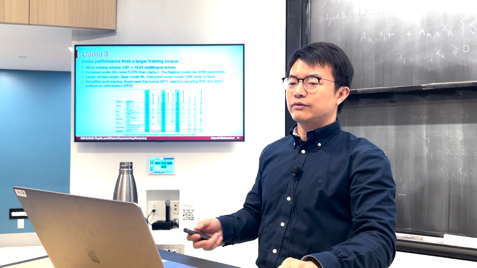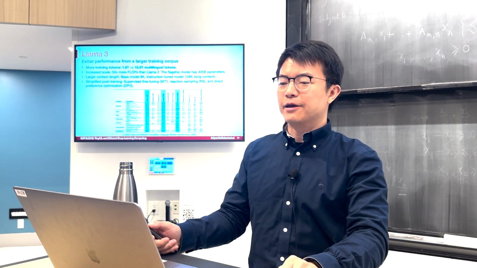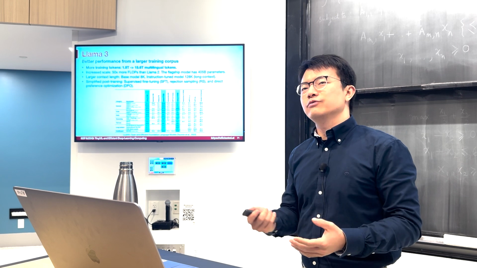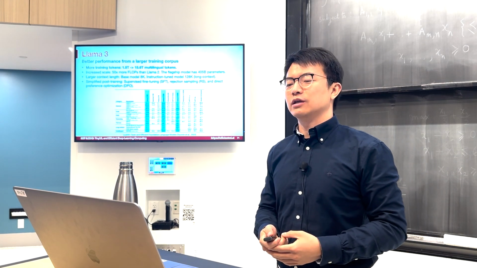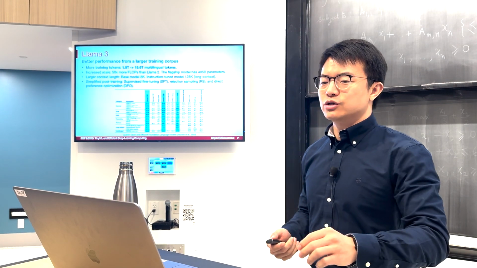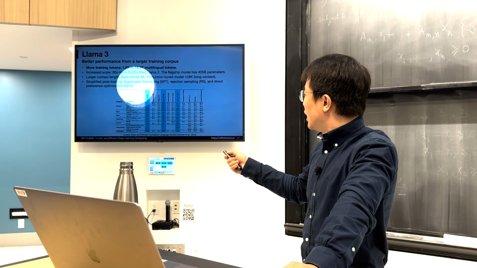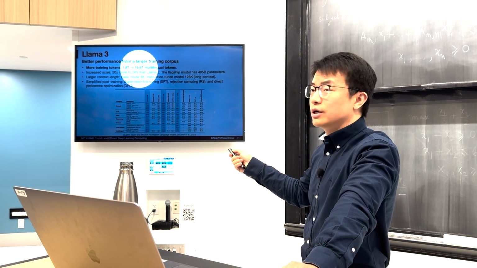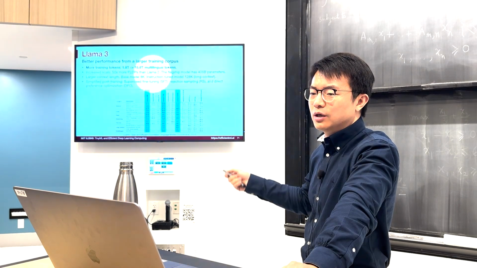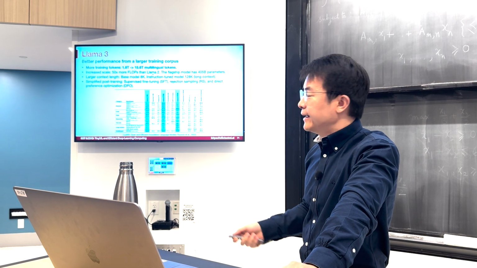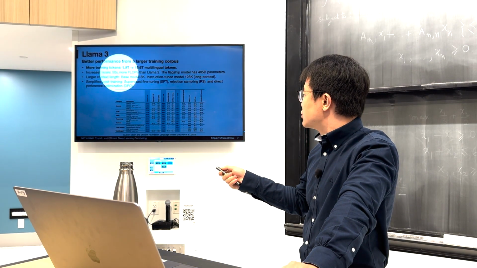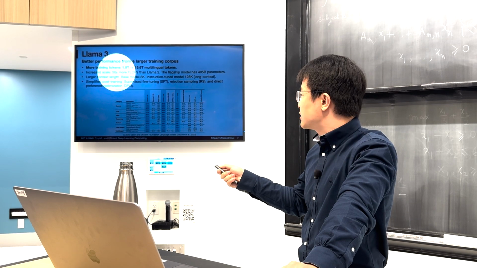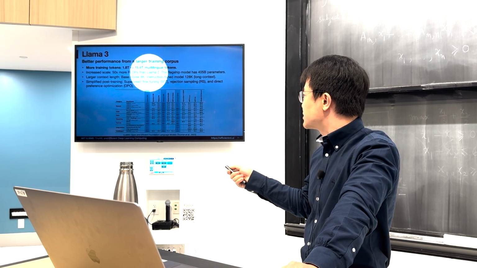And this year, very exciting, Llama 3 came, trained on an even larger corpus by spending even more GPU hours. The training tokens went from 1.8 trillion tokens to 15 trillion multilingual tokens. And the GPU resource consumption is much higher. It's 50 times more FLOPs than Llama 2.